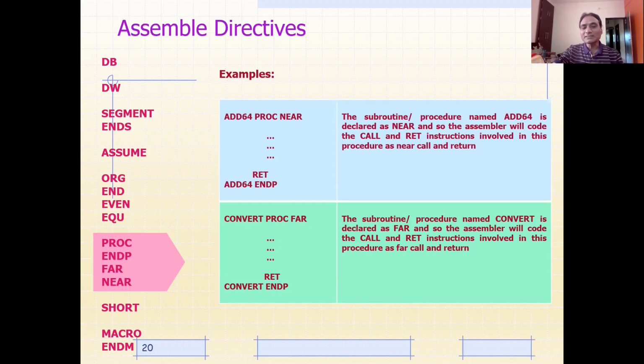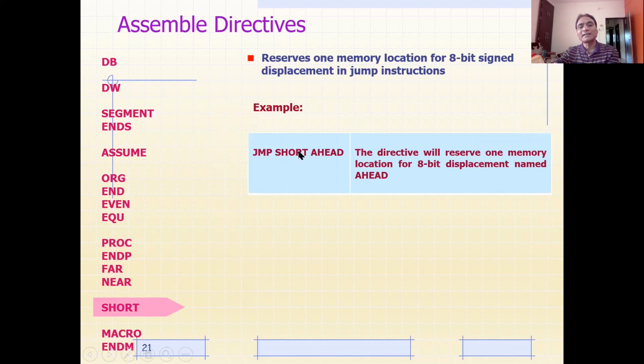Similarly, as far as PROC is concerned, you can have different kinds of procedure, either near or far, or third could be short. Near means intra-segment, far means inter-segment, right? So this is how it is to be defined. Add 64 PROC near, then add 64 NP, and this return is one of the last statements as far as the subroutine is concerned. The same thing is true with far as well. As far as short is concerned, short is again intra-segment.